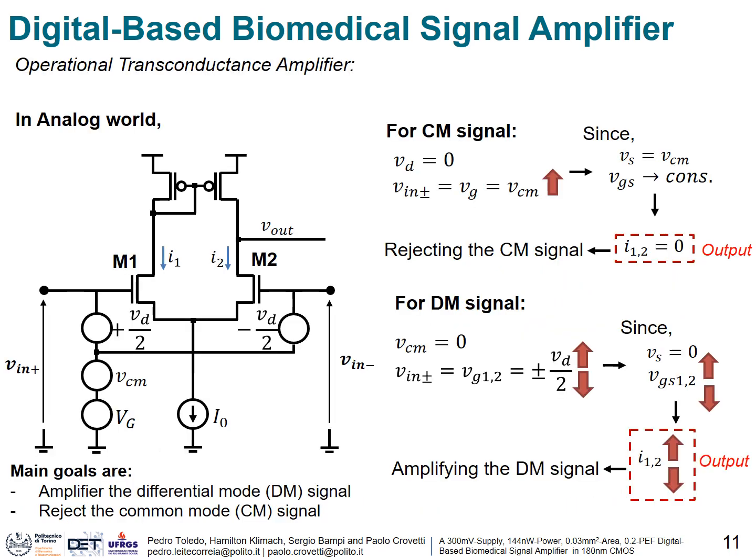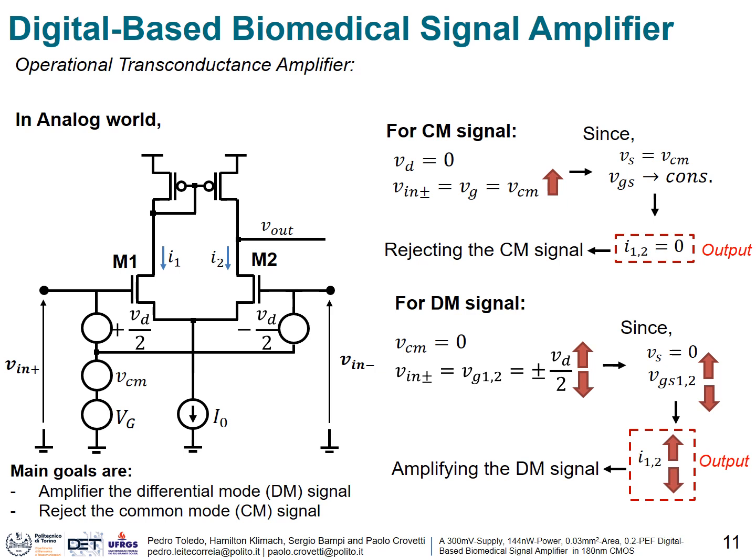To understand how the BioDIGOTA works, it's worth recapping how the classical OTA behaves in the analog world. We are all aware that the main goal of the OTA is to amplify the differential signal while rejecting the common mode one.